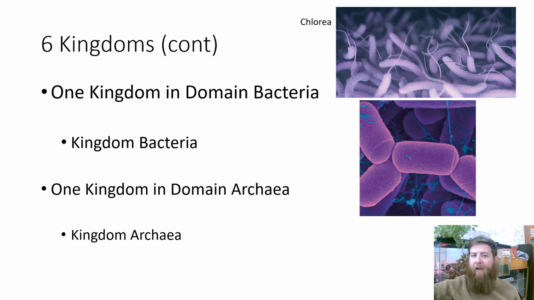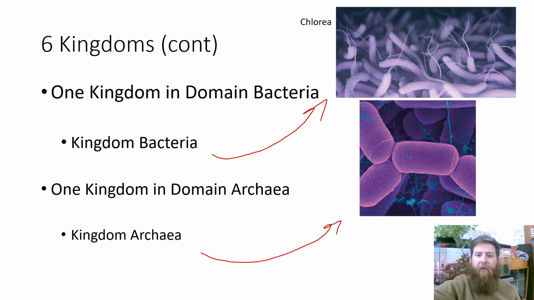That's kingdom bacteria. This is the cholera bacterium. They get you really sick. And then there's one kingdom in domain archaea called the archaeans. And these are more like your extremophiles, your halophiles that like a lot of salt, your thermophiles that like a lot of heat and can survive in those really harsh environments.